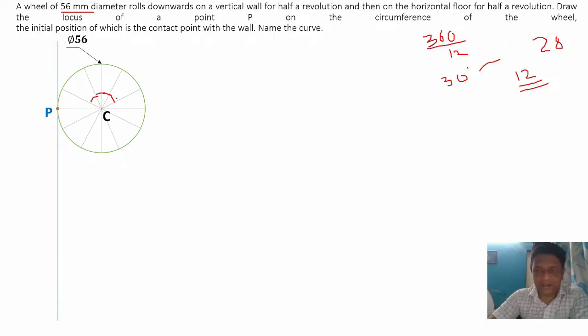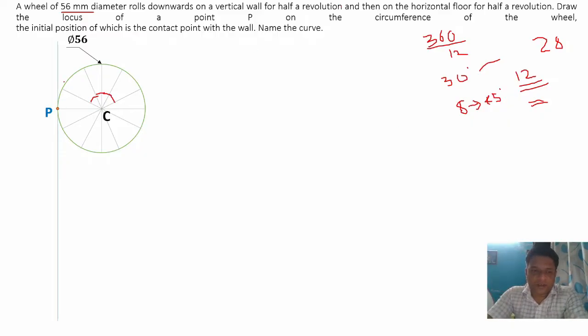So we'll divide it into 12 parts in total. We will count 1, 2, 3, 4, 5, 6, 7, 8, 9, 10, 11, 12. Total 12 parts are there, right? If you want to divide into 8 parts, the angle will be 45 degrees. Just remember this information. This is very important or crucial during this problem.